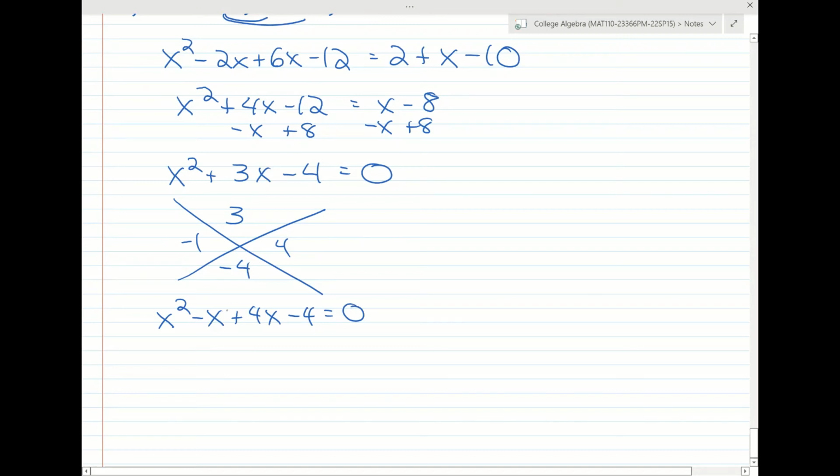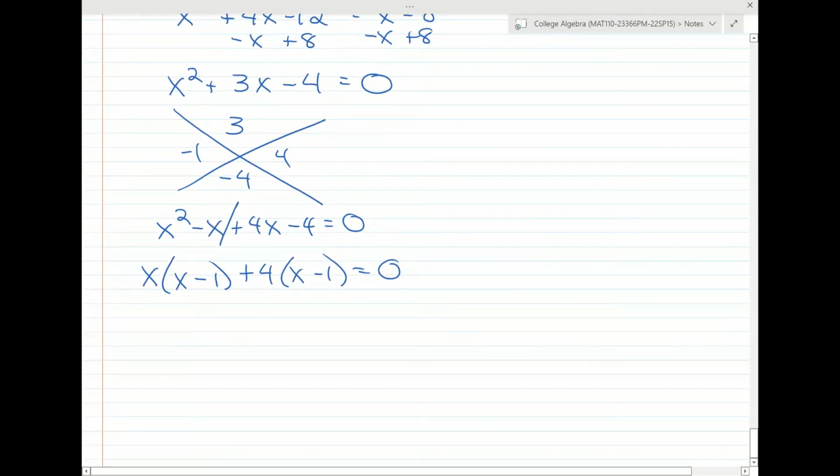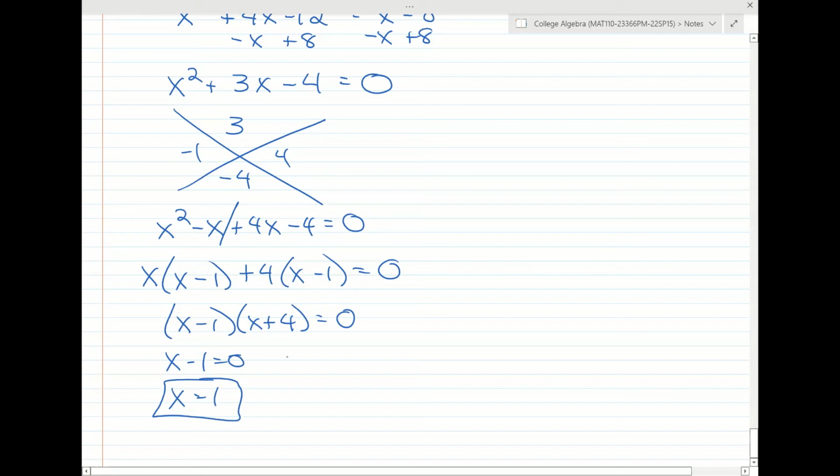Cut it down the middle. You take out an x, and we get x minus 1. Take out a 4, and we get x minus 1. And this would be x minus 1 times x plus 4. Setting that equal to 0, we get x is 1, and x would be -4.